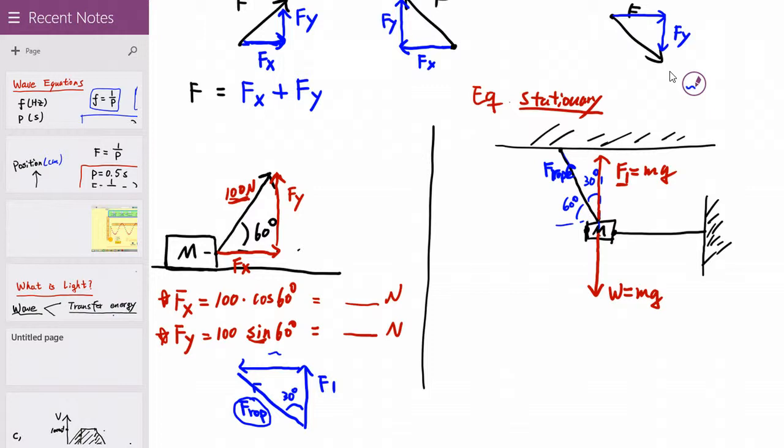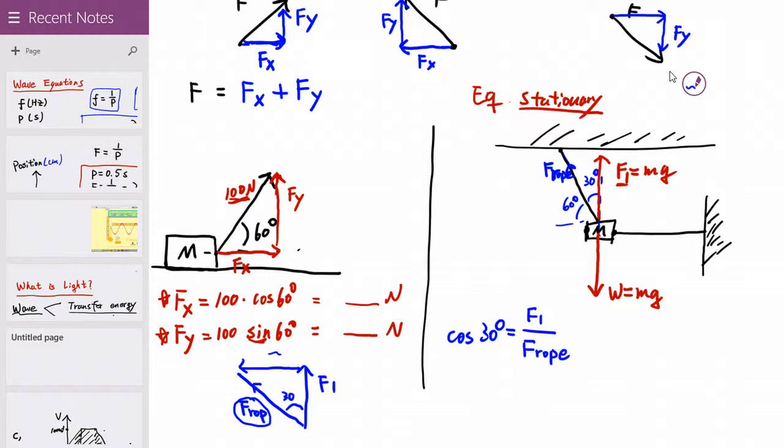Use your SOH CAH TOA. So the idea is F rope, which is the hypotenuse. Let me just redo it. Cosine 30 degrees must be the adjacent, F1, over F rope.